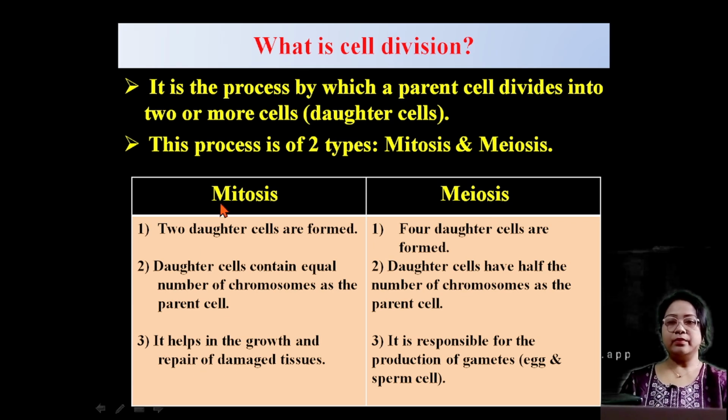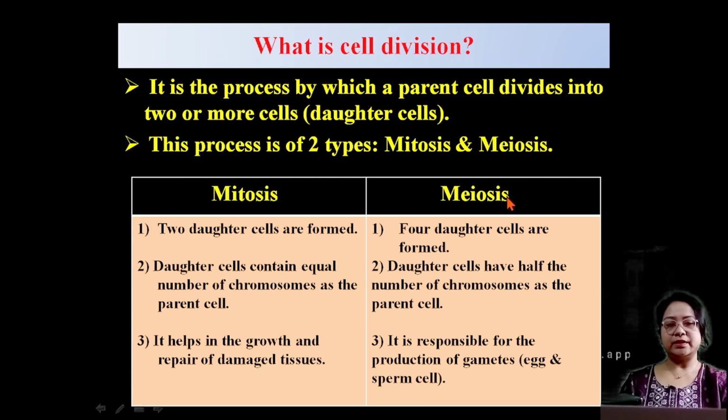Mitosis helps in growth and repair of damaged tissue. Those damaged tissues or cells that became old or dead will be repaired, and it will help in growth. Meiosis is responsible for the production of gametes, that is the egg and sperm cell.